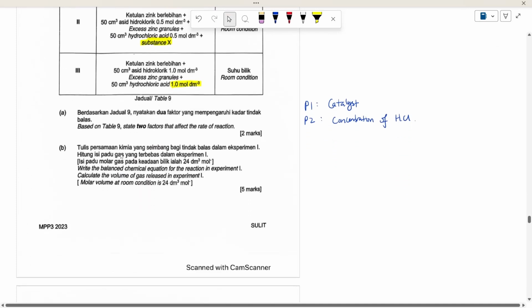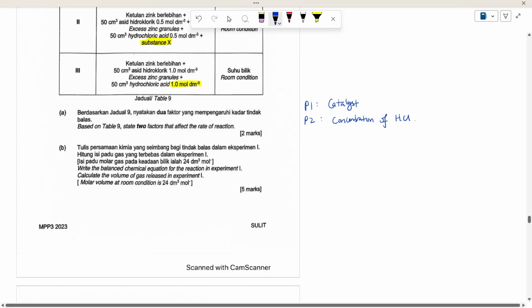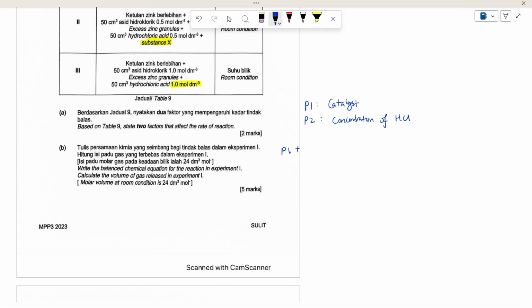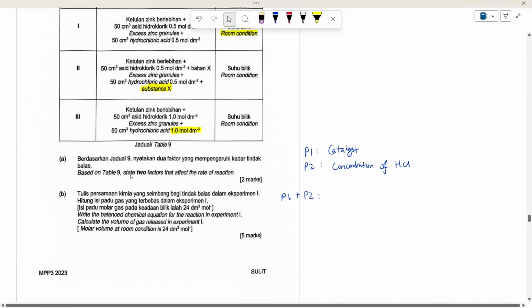Okay, B, write the balanced chemical equation for the reaction 1. Calculate the volume of the gas released. So here for the balanced chemical equation, will be 2 points. So point 1 and 2 be equation. So let's see, the equation here is hydrochloric acid with the zinc.